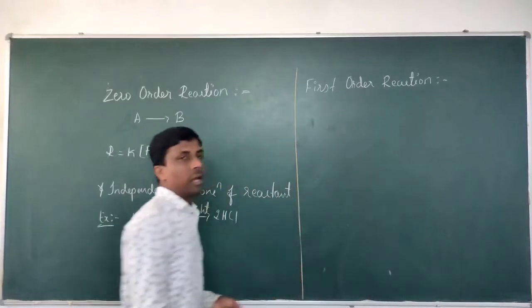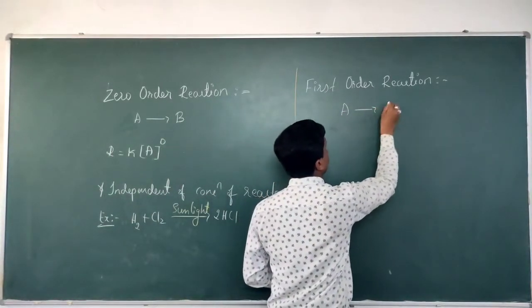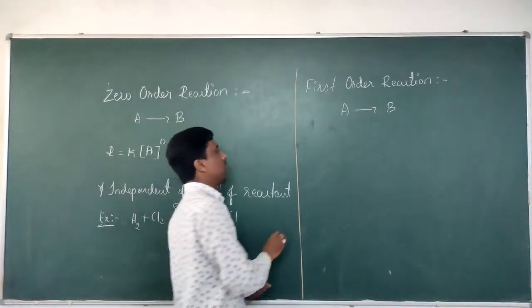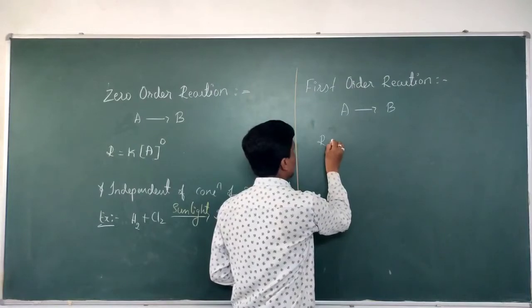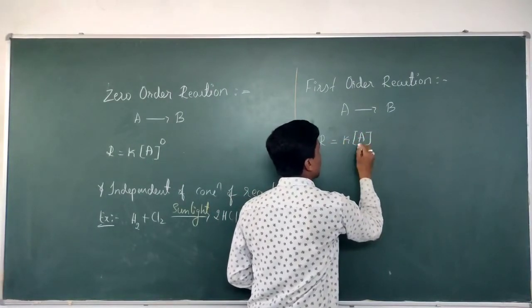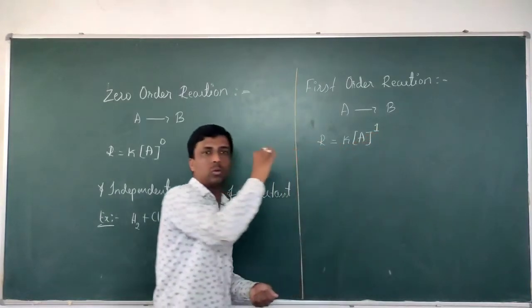Okay, next, first order reaction. Consider again a general reaction: A gives rise to B, or R gives rise to P. Consider general equation. Then the rate expression is given by R is equal to K into molar concentration of A raised to the power 1. 1 ಬರಬೇಕು.